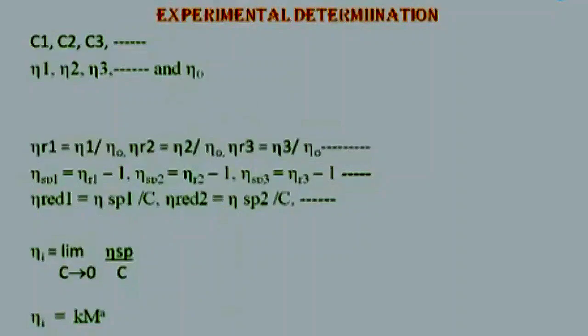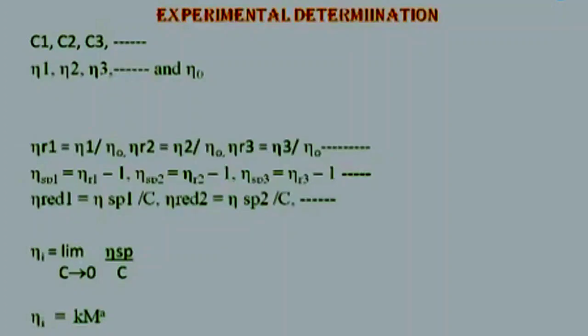That means if we take 5 concentrations, then the values will be eta R1, eta R2, eta R3, eta R4 and eta R5. Then calculate eta Sp by subtracting 1 from eta R. So you get various values of eta Sp like eta Sp1, eta Sp2, eta Sp3 and so on.